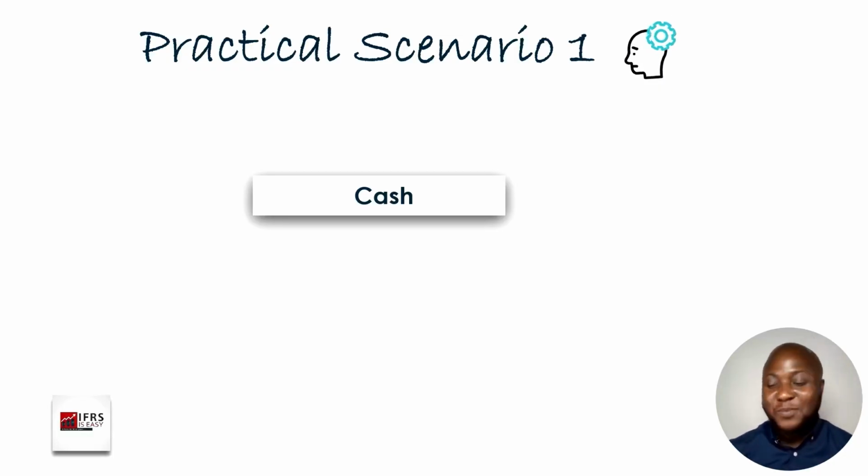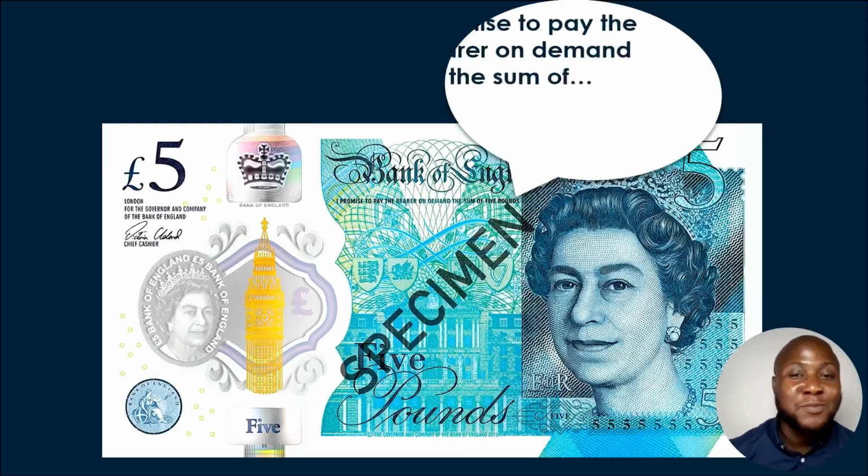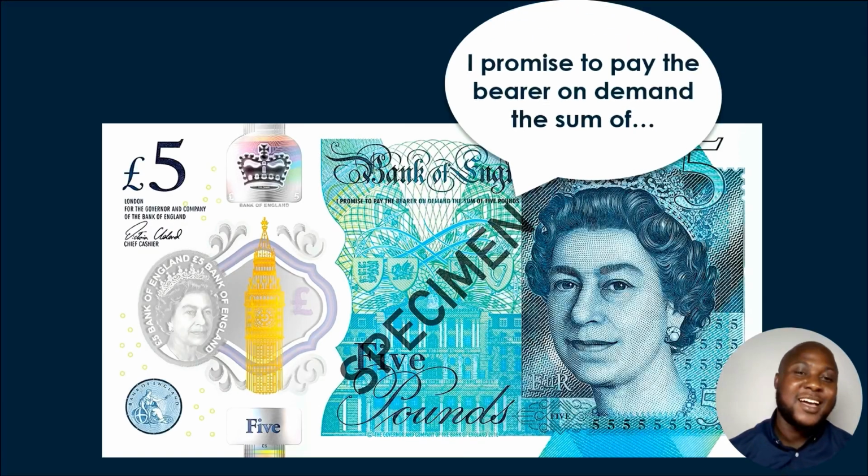So it is important to take cognizance of the other aspect of cash. There's an example that I always give, with respect to the denomination of the Bank of England, that is the United Kingdom. If you take any of the pound notes, whether £5 or £20, there is something that is scribbled on the notes.